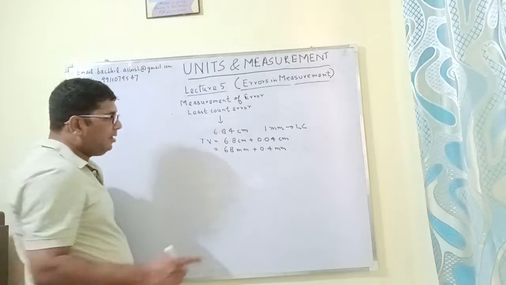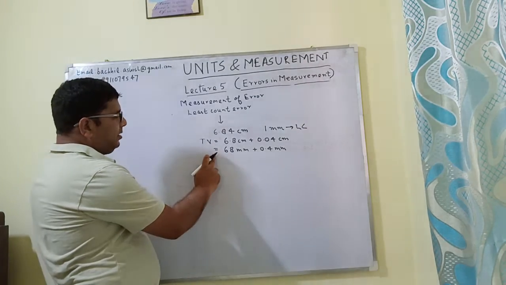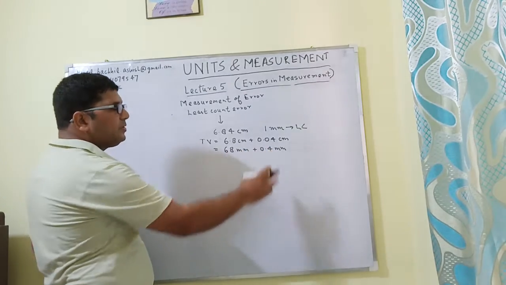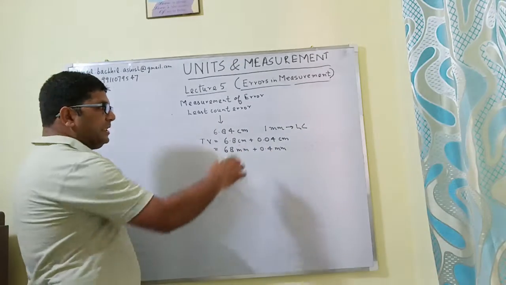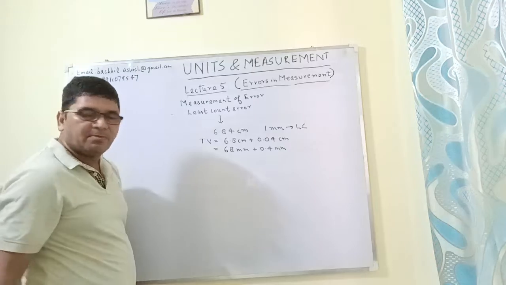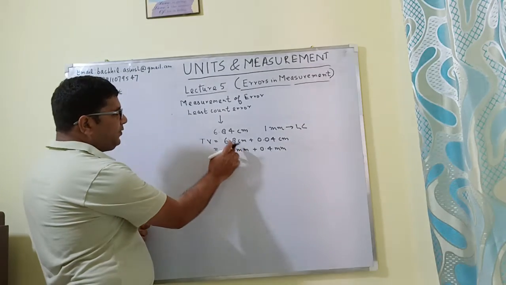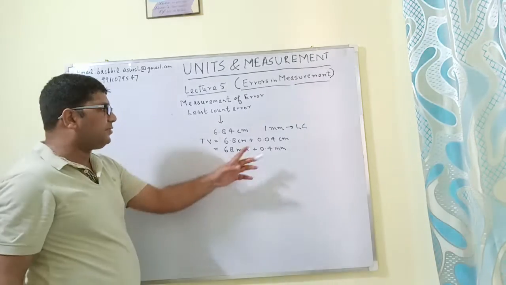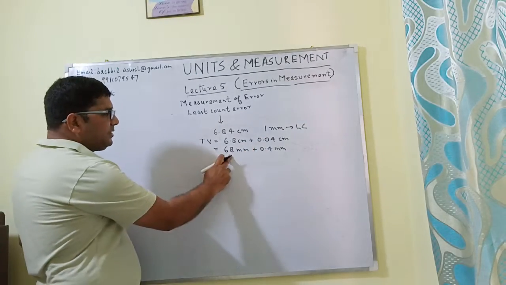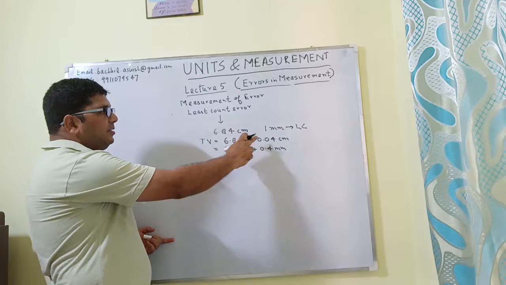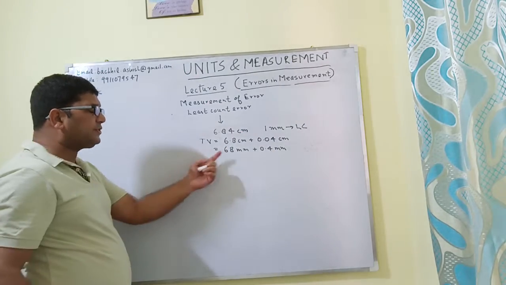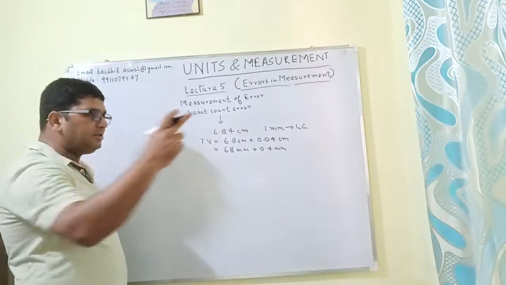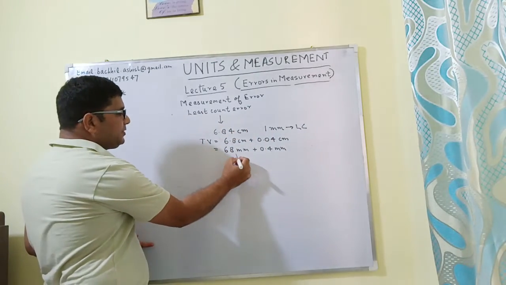So the true value of this physical quantity is 68 mm plus 0.4 mm. The least count of this measuring instrument is 1 mm. So this value can easily be measured without any problem, because it is 68 mm, and it means that 68 divisions on that measuring instrument will be equal to this reading.